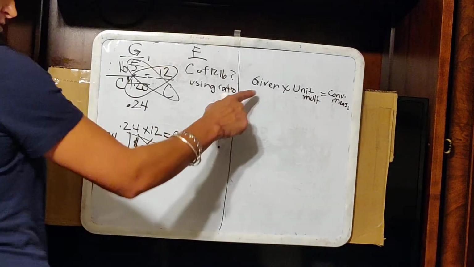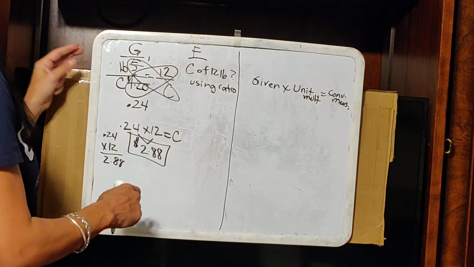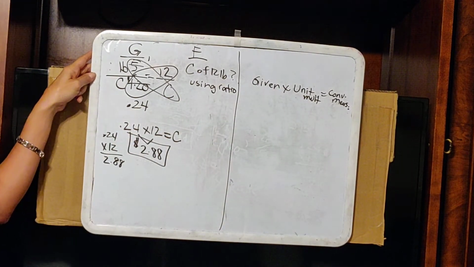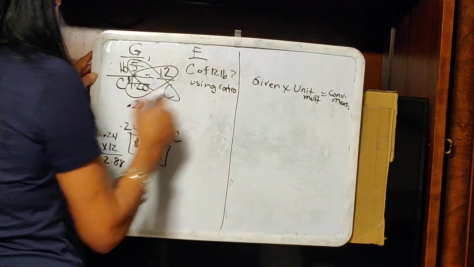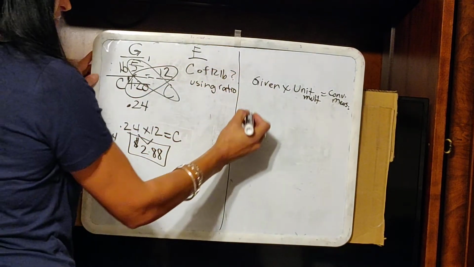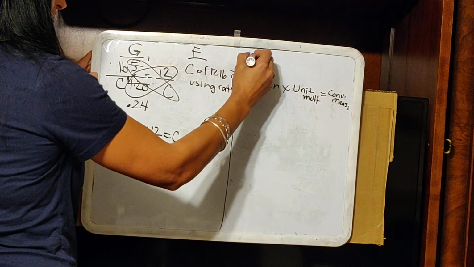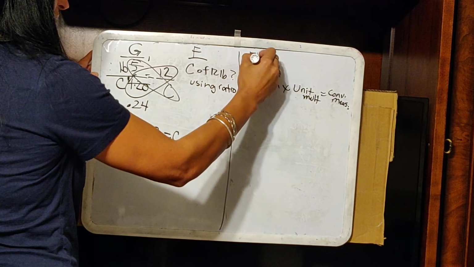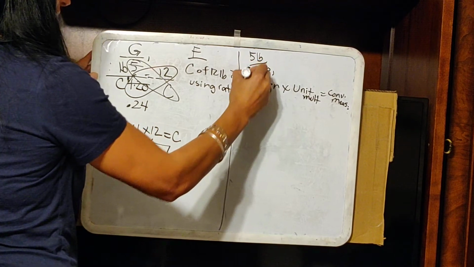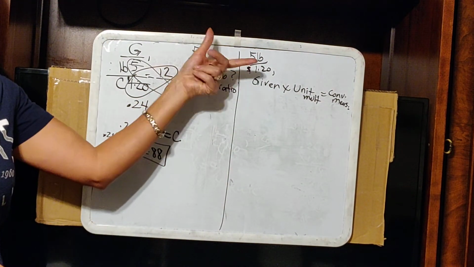Okay, before I do that, I need to go back and remember that there must be 2 unit multipliers to pick from in order to plug it in. So the unit multipliers were the rates that I was given, 5 to $1.20. So I'm going to write them down over here. 5 pounds over $1.20. And the second unit multiplier is just the reciprocal.